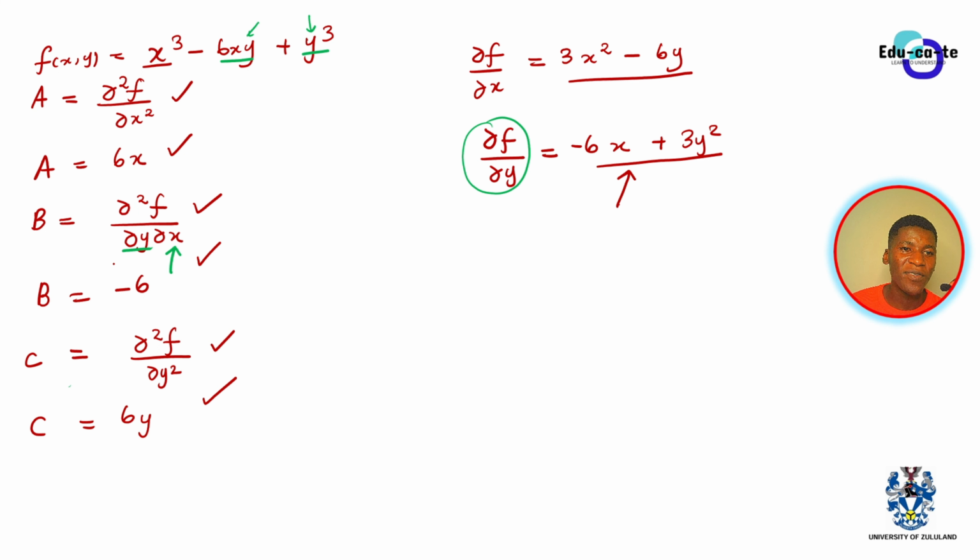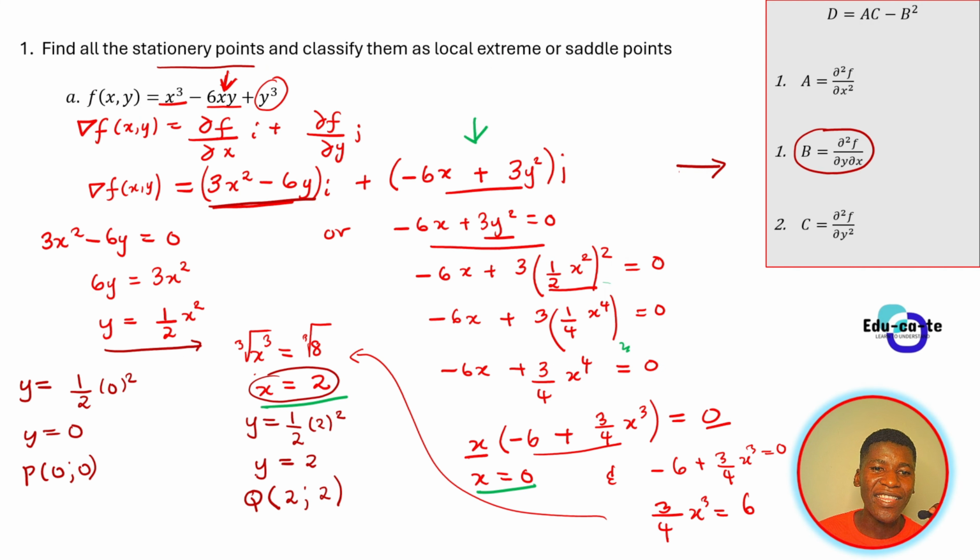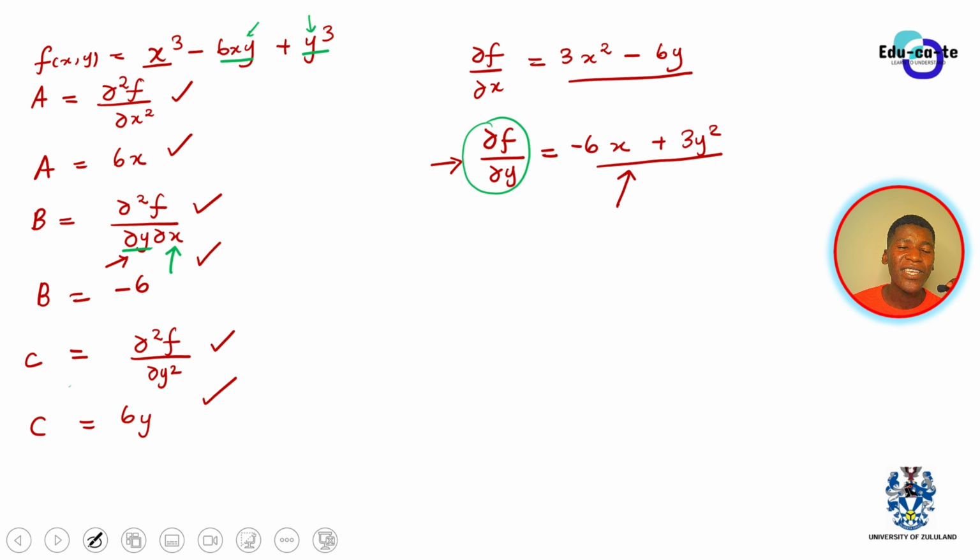That is why you start with the partial derivative of y, and then differentiate that partial derivative in terms of x. So you've got a, b, c. Those are the values that will help you classify these points as either local minima, local maxima, or saddle points.